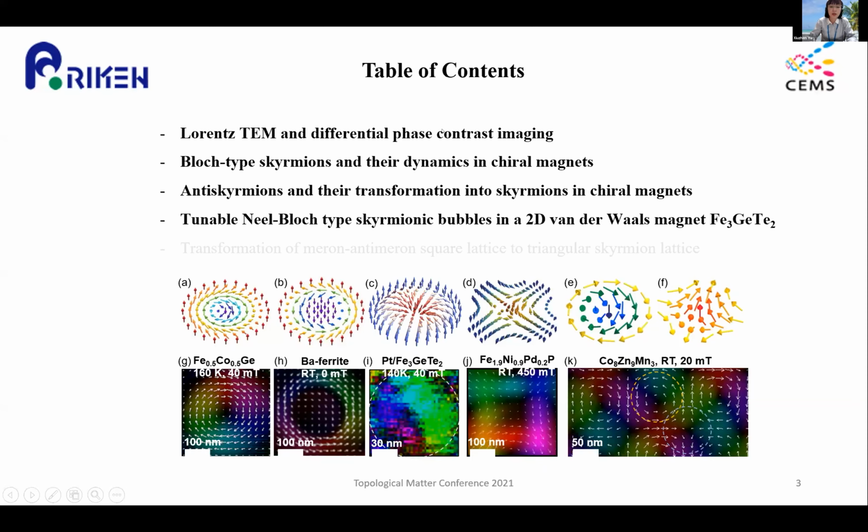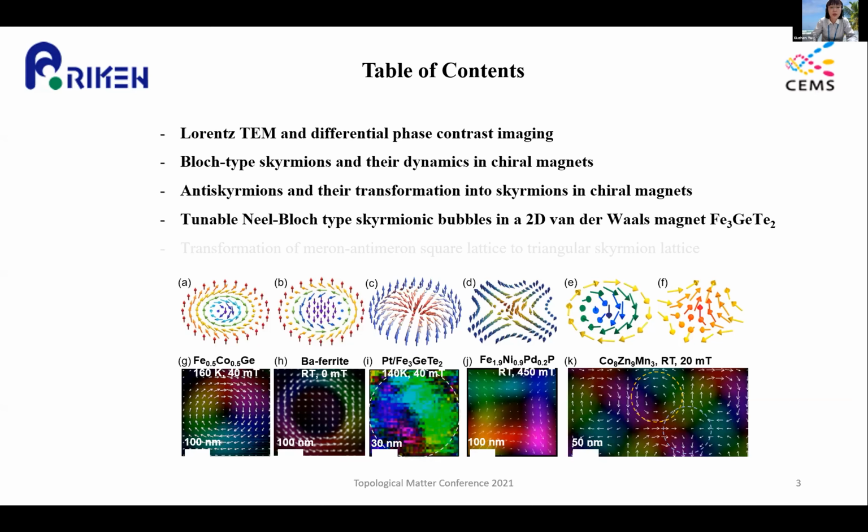This technique is not so popular, but you may know that the Lorentz TEM method is a defocused image, and in contrast, differential phase contrast is an in-focus imaging technique. It means it is very useful to pick up tiny magnetic twists, such as the Néel-type skyrmion, and other very fine magnetic structures in materials.